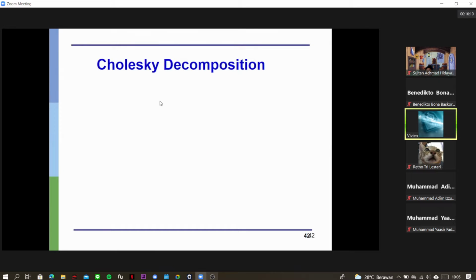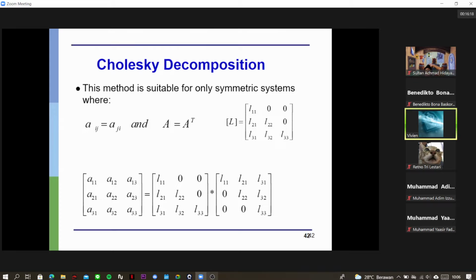And Cholesky decomposition is also a variation of LU decomposition, which only applies when we have a symmetric matrix. Say we have a symmetric matrix such that A21 equals A12 and A31 equals A13.